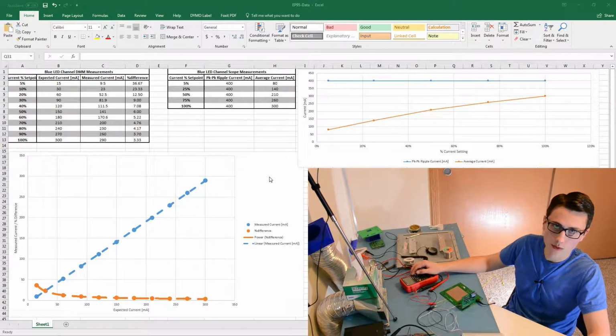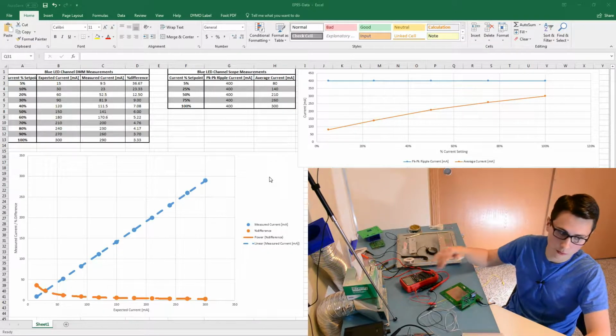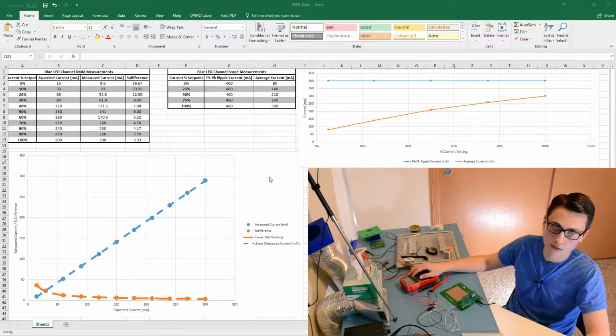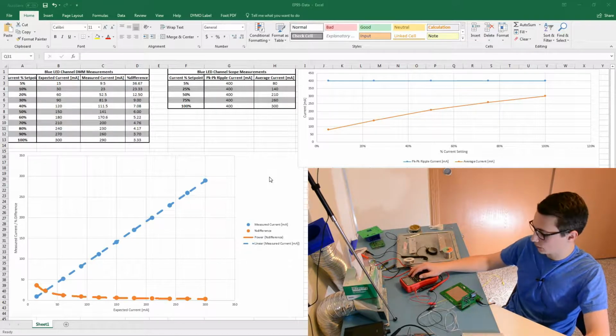But as we got closer and closer to 100% of the set point, it was starting to converge, where the percent difference was approaching 0%, getting as low as 3% from our set point to what was delivered to the LEDs.